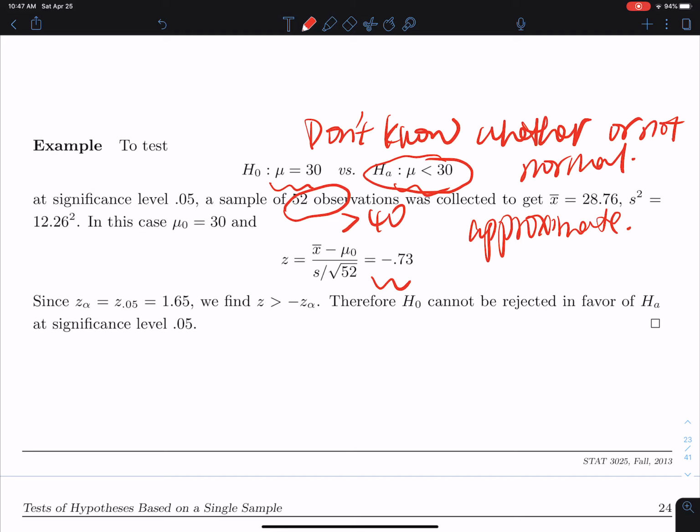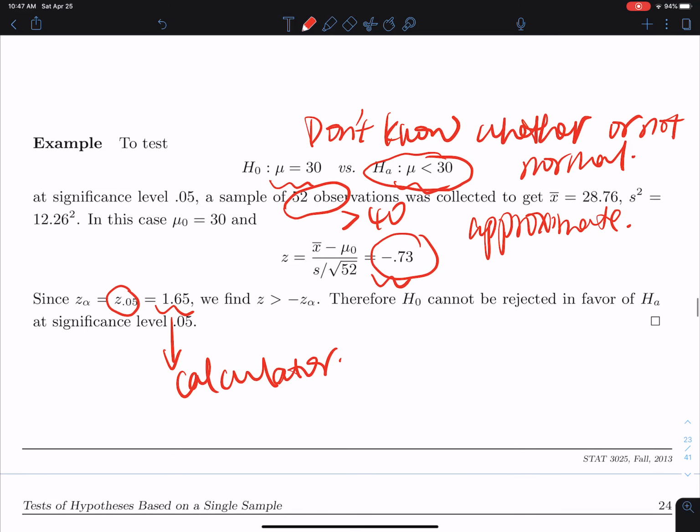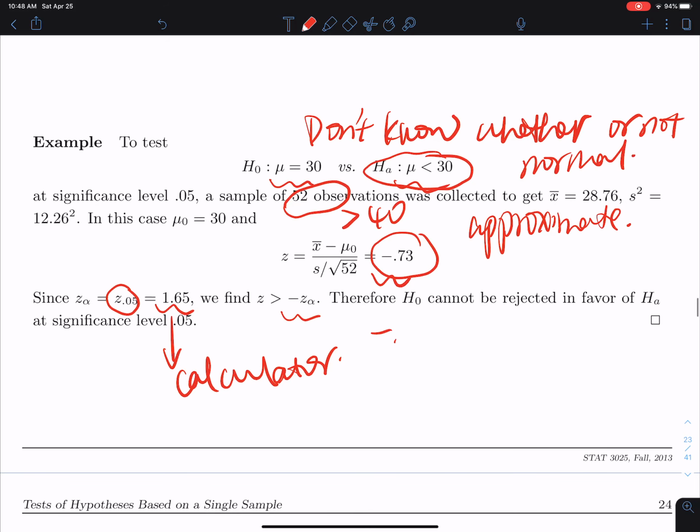And z sub 0.05 is equal to 1.65, so you can get that from a calculator. Then we find that the observed value is greater than this value, so the H0 cannot be rejected.